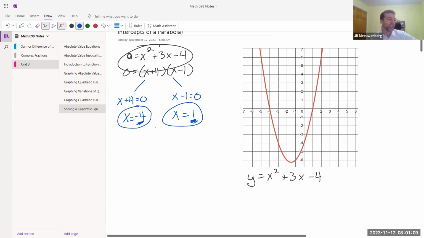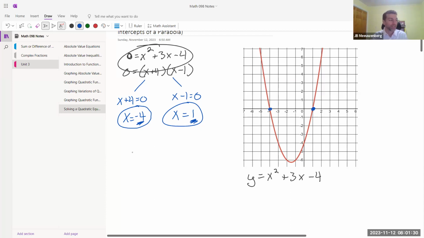Look at your graph. Look at where these are important numbers, right here and right there. So now think, why? Why did it work out like that? I take this quadratic, I factor it, and I get x equals -4 and 1. And it just happens to be that that's where my parabola crosses the x-axis.